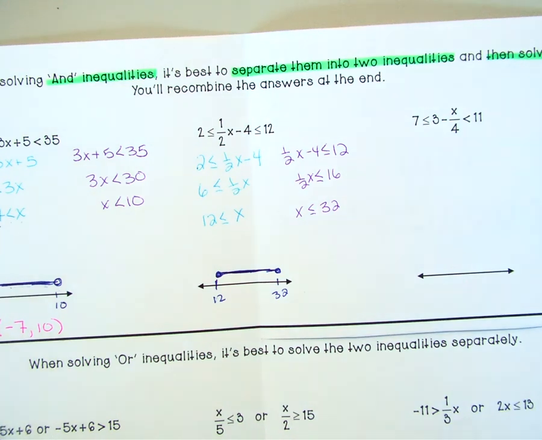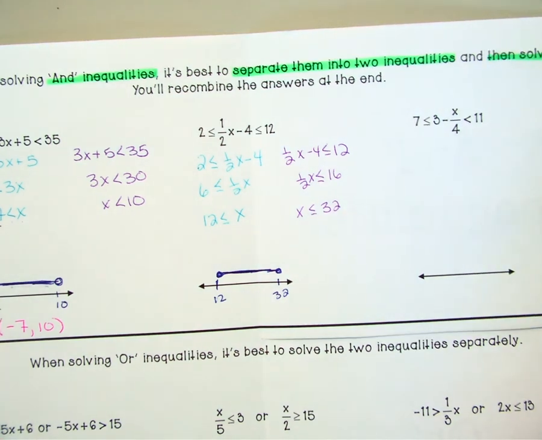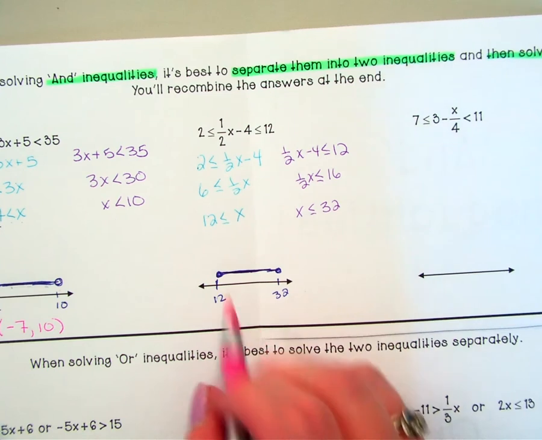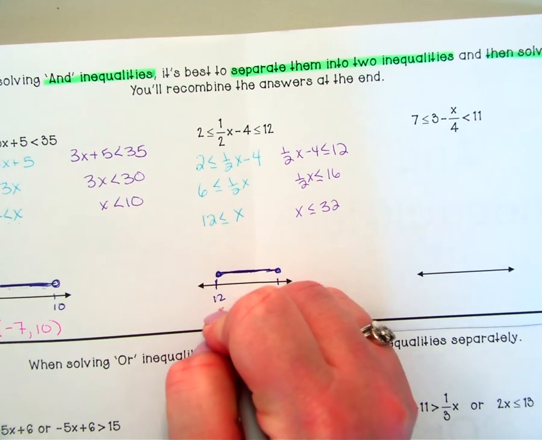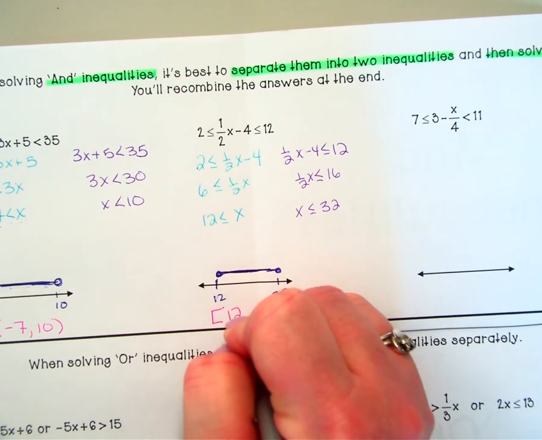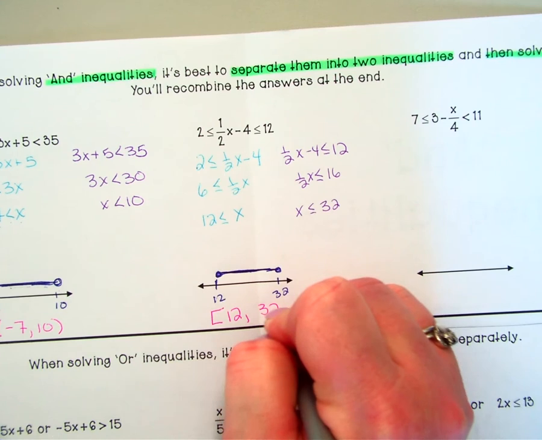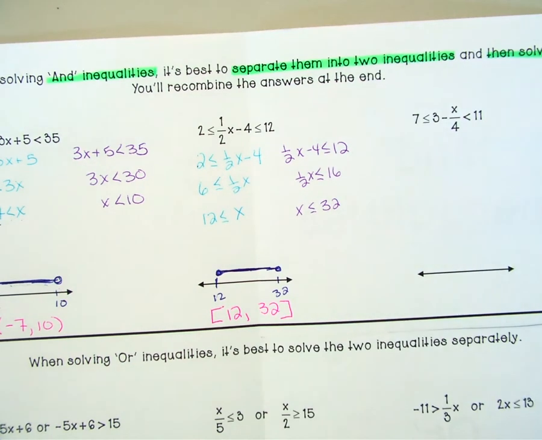It doesn't matter as long as the shading is close or on to the number line. So in our interval notation for this one, because we have closed circles, we're going to use a bracket. So this time our shading goes from 12 to 32, and the bracket is showing us that those are closed circles, meaning that the 12 and the 32 are going to be included values.